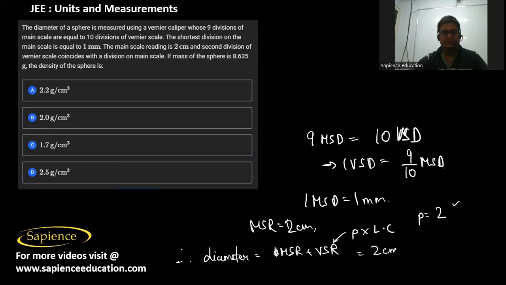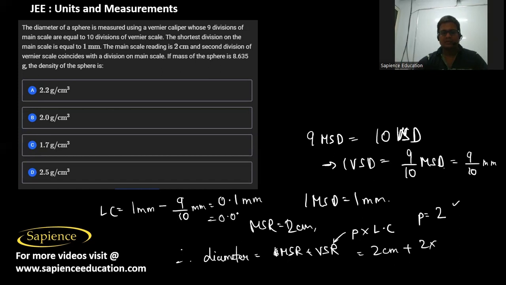Least count is equal to 1 main scale division, that is 1 millimeter, minus 1 vernier scale division, that is 9 by 10 millimeter. So that is 0.1 millimeter. So 2 into 0.1 millimeter is 0.01 centimeter. So that will be 2.02 centimeter.